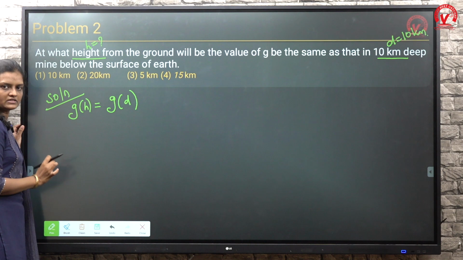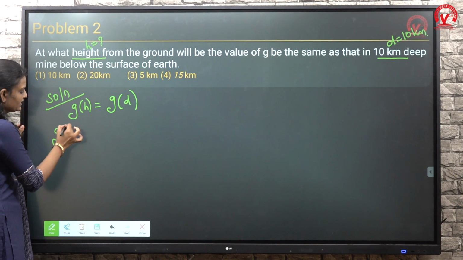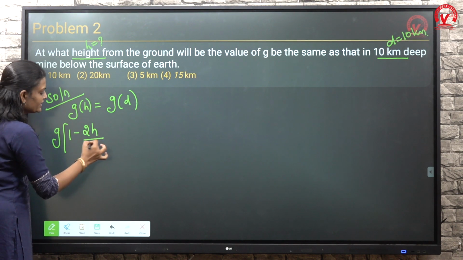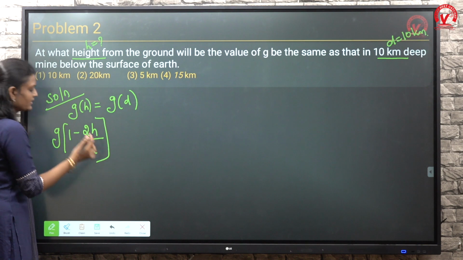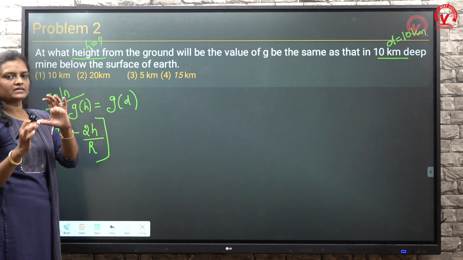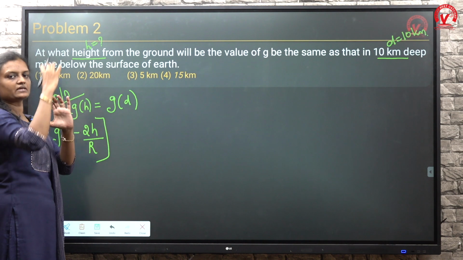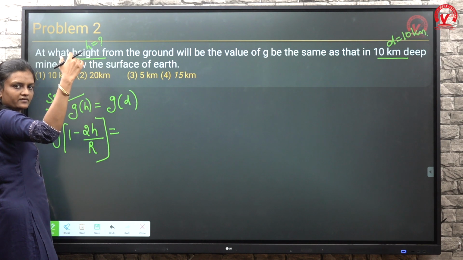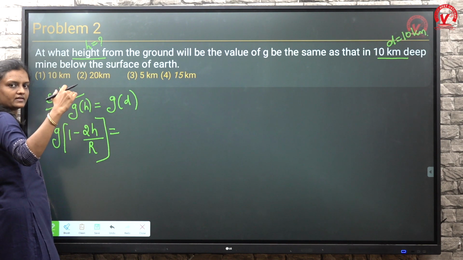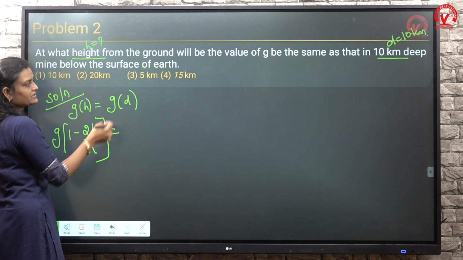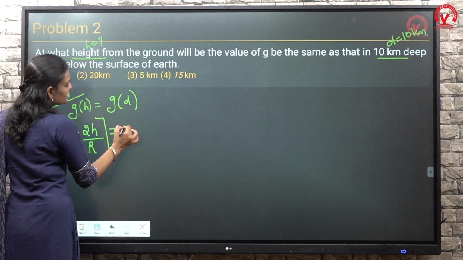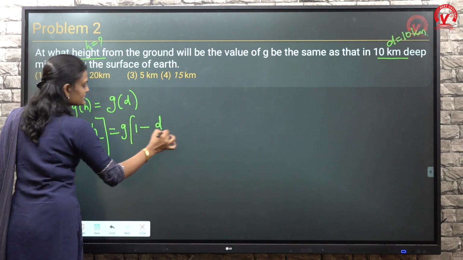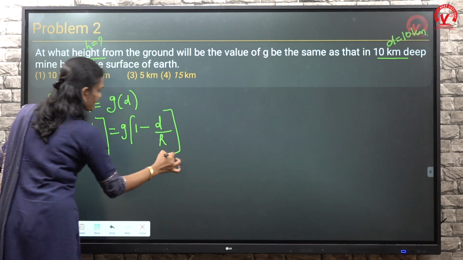You know the formula for g of h: g(1 minus 2h divided by R). This is the formula when the object is placed above the surface of the earth at some height. For depth, when the object is placed below the surface of the earth, we have the formula we derived in the previous slide: g(1 minus d divided by R).